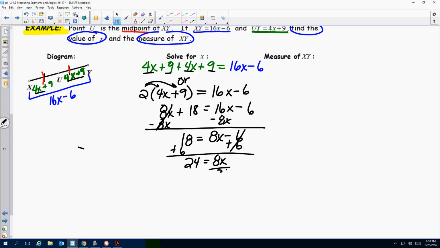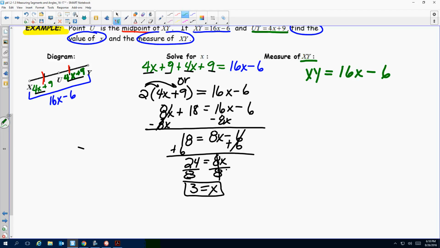And now we can divide by 8. Oops, I wrote 3. I don't know why I did that. Probably because I know that the answer is 3. So 3 equals x, or x equals 3. So that's the value of x. But they also want us to find the measure of XY, which is up here. We know XY was 16x minus 6.